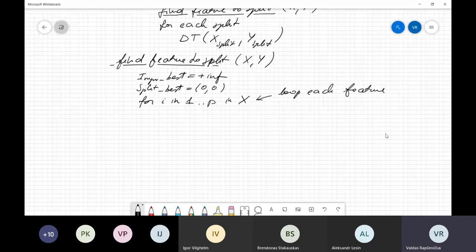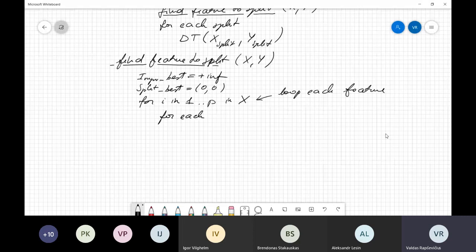And now we just basically try to split it, for each j in splits. So basically there are some kind of a condition where we can split, right? So we will talk it over as well. So for each split in xi, for each split in this feature vector, we will talk this over.